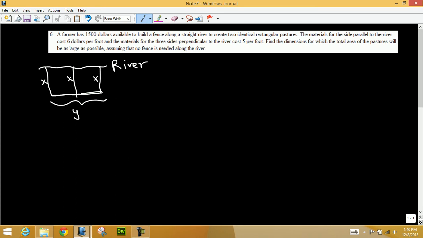So that's the constraint. So in this case, the constraint is 6y plus 5x, 5x, 5x, so 15x is 1,500. And we always want to solve for one variable.